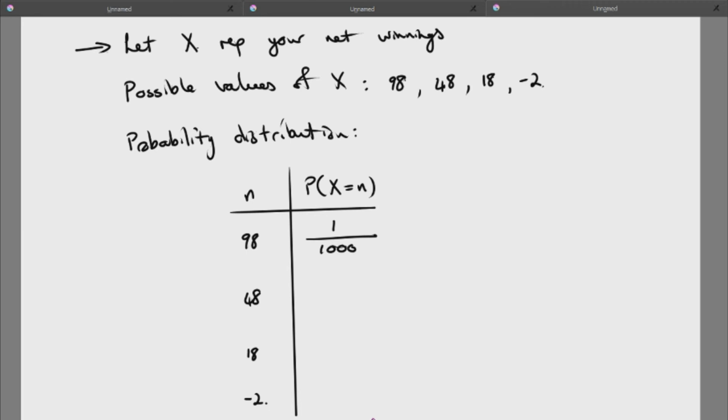Second prize, which is represented by 48, there are 2 second prizes. So if I pick any of those 2 tickets out of 1,000, I'm going to win that. And the third prize, there are 7 of them.